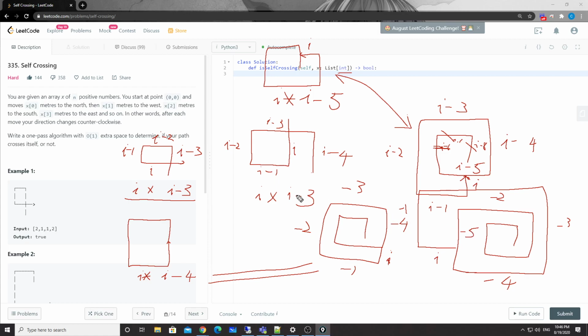You can draw as many possible crossing patterns as you like, but there are only three patterns: I crosses with I minus 3, or I minus 4, or I minus 5. It depends on which line this I is crossing with.